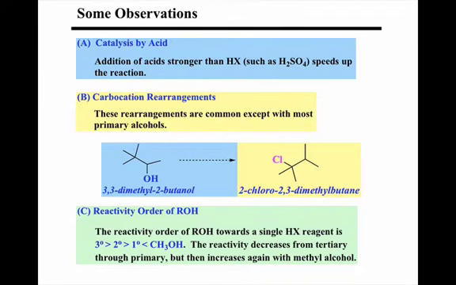Why is this slower than this? This step is obviously faster than this step. Why is that? You got it. This has no other R groups attached to it. It is sterically unhindered.